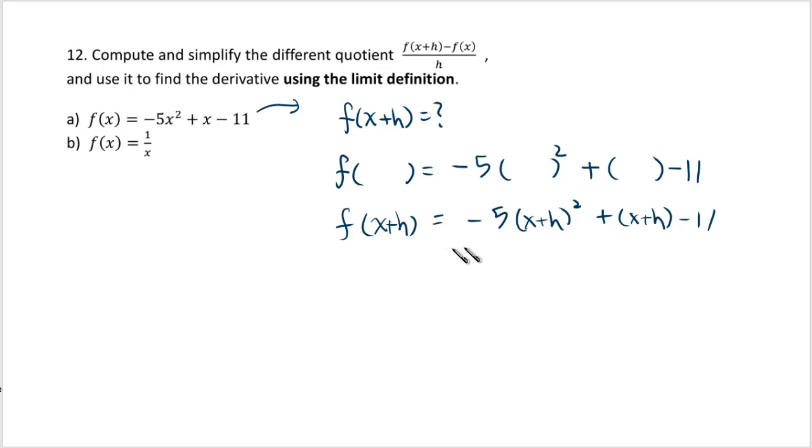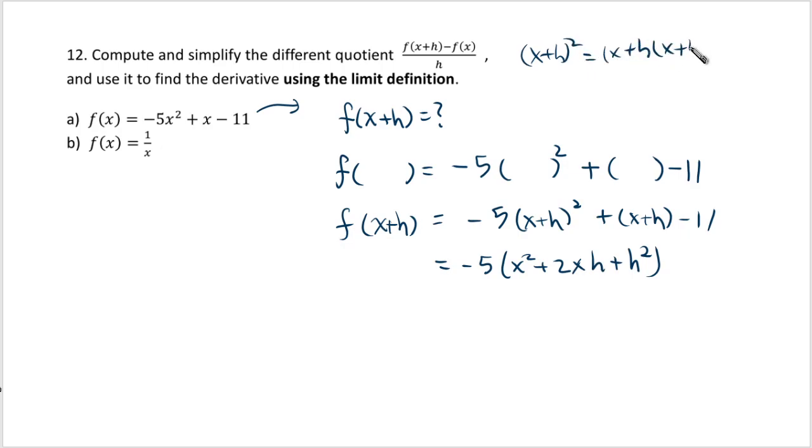And this can be further calculated by using the square formula. X plus h squared is square the first, twice the product, plus h squared. This is another common part where people make mistakes. See, x plus h squared is x plus h times x plus h.